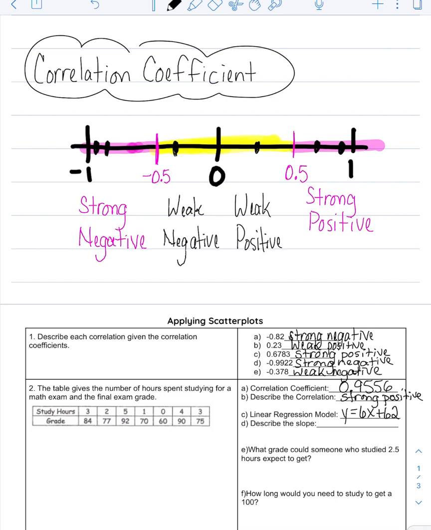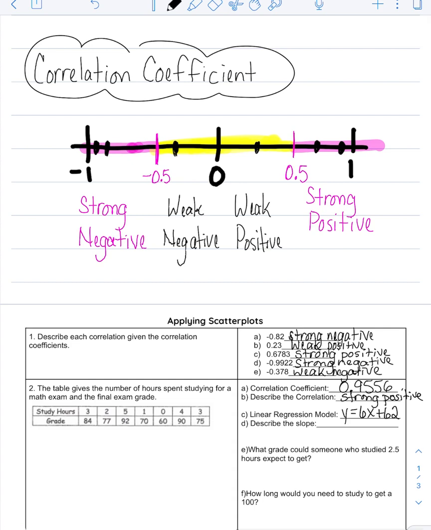That means there's a strong relationship between the number of hours studied and the grade. Positive means they travel together. So as the number of hours you study goes up, your grade should go up. That's how we use the correlation coefficient to describe a relationship. There's a strong positive one.